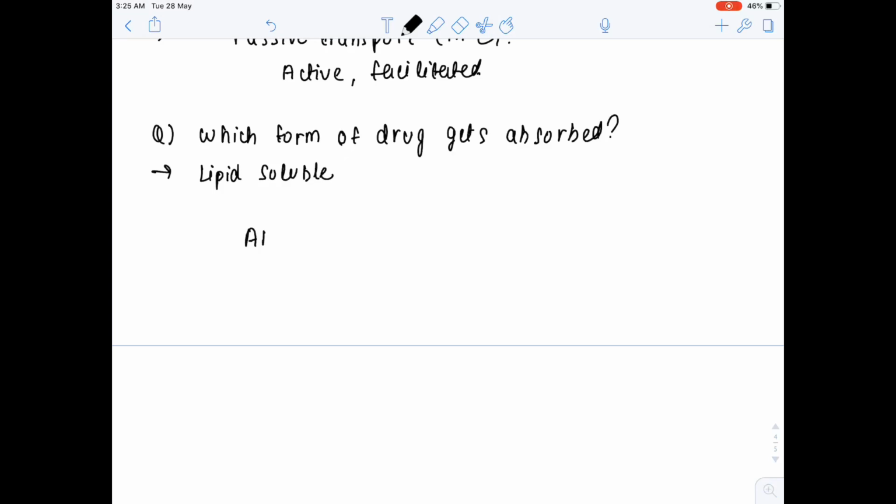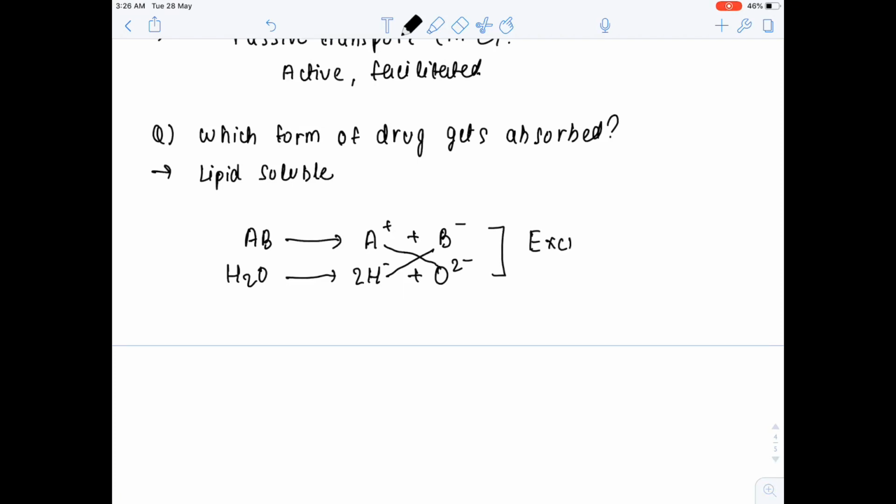Suppose this is a water soluble drug. In water it gets ionized, A plus and B minus. This is the ionic form in water. So A will combine with OH and hydrogen will combine with B, so they will get excreted, they won't get absorbed.